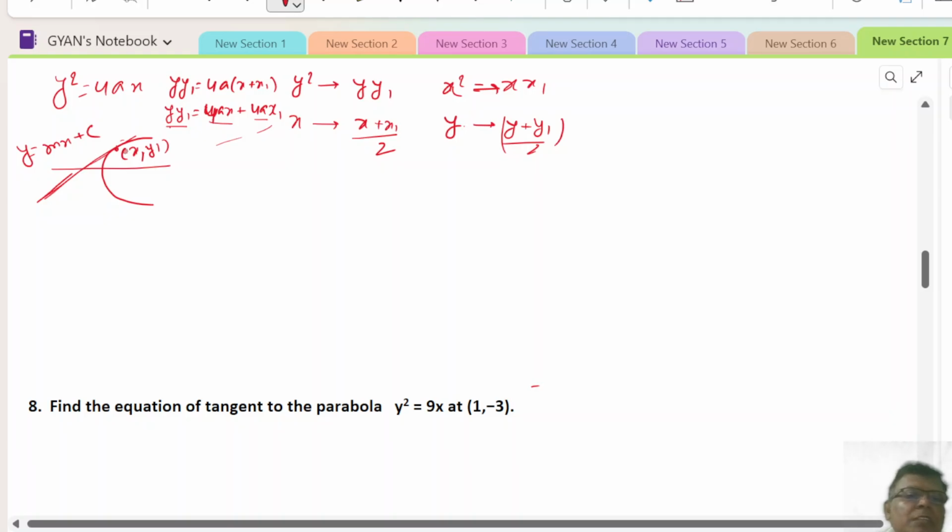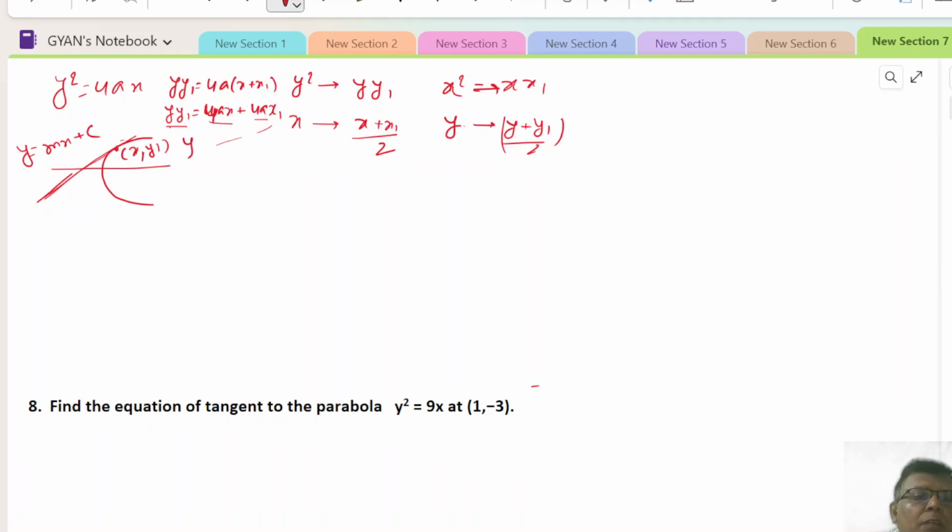If this is tangent to this parabola, then by cross multiplication we can write y1 divided by 1 is equal to 2a divided by m is equal to 2a x1 divided by c.